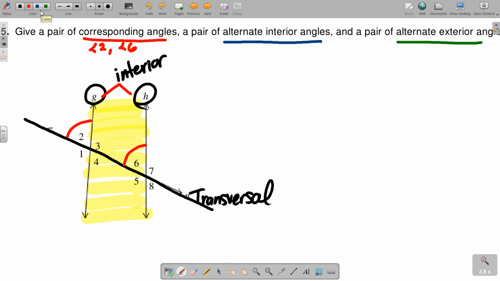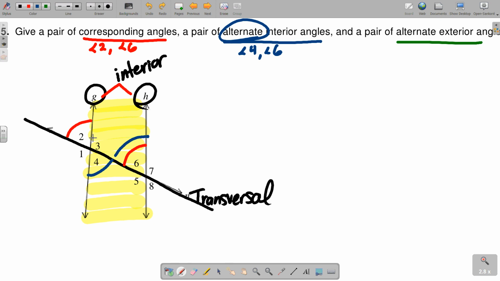That's corresponding. Alternate interior angles. Alternate means opposite sides of the transversal. That would be like 4 and 6. So angle 4 and angle 6 would be alternate interior angles.